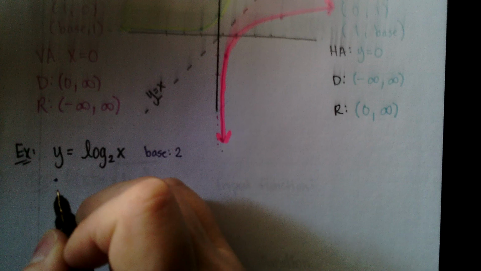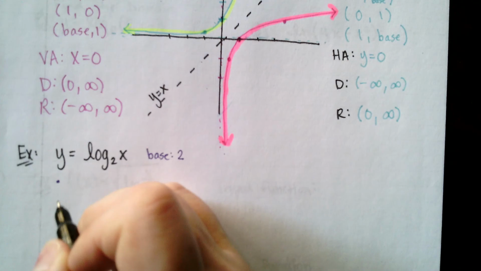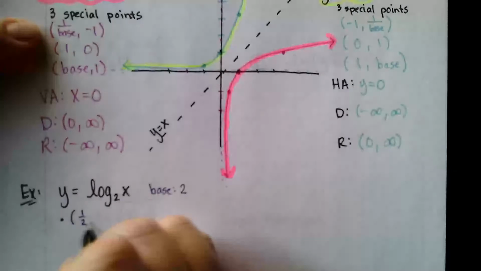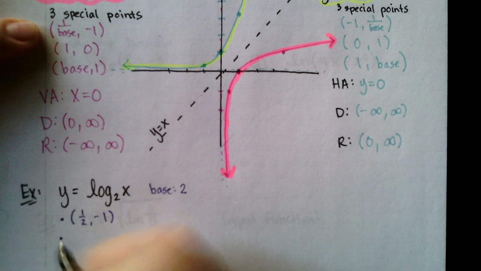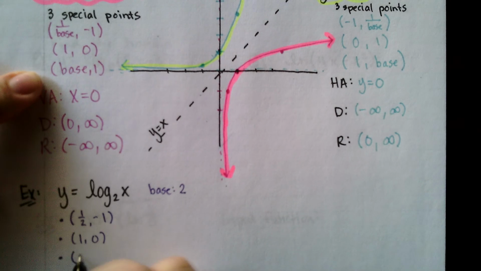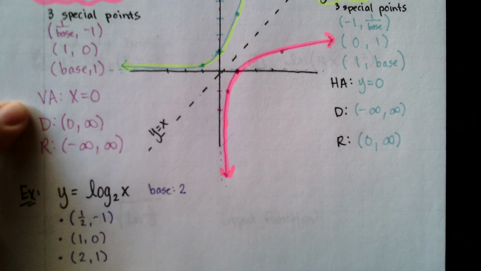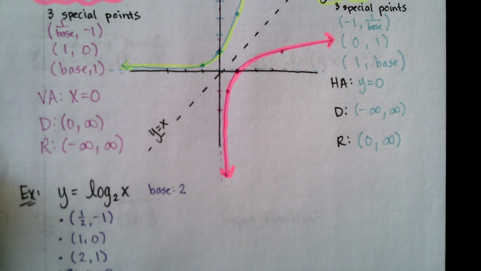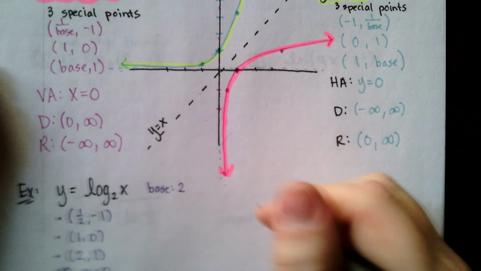They will be 1 over base, -1, so (1/2, -1), and then (1, 0), and then (base, 1), so (2, 1). The vertical asymptote will be at x equals 0. And then we'll look at the domain and range in a moment.